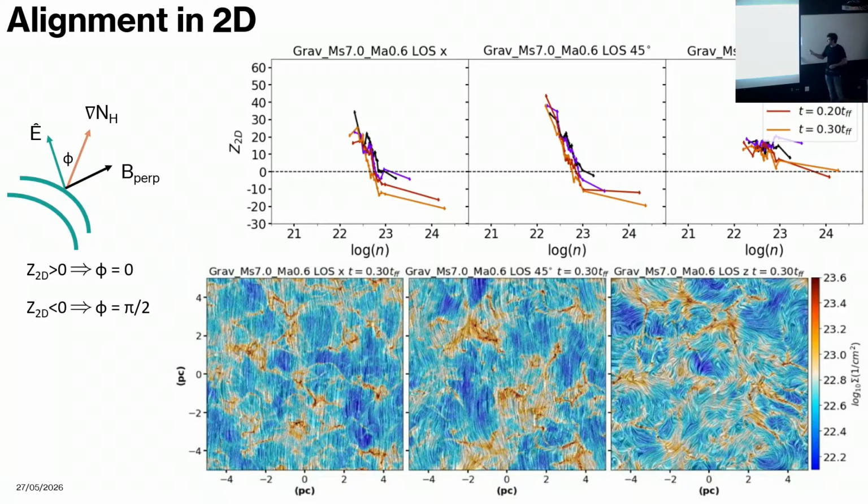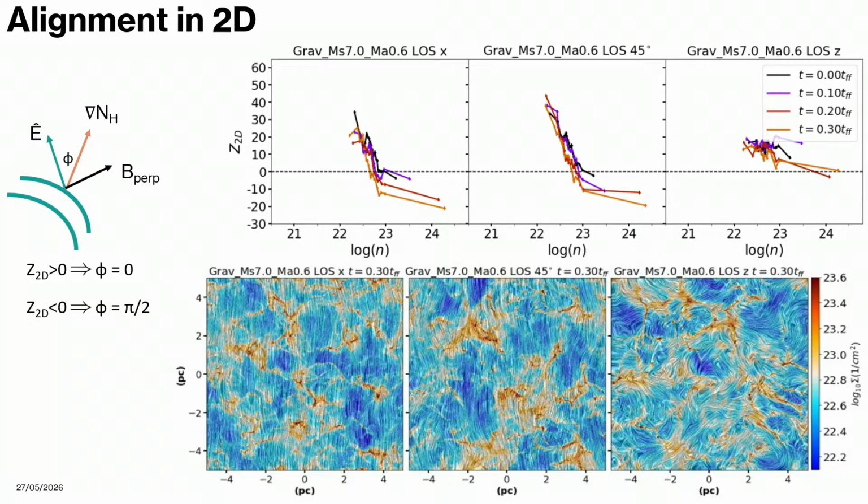And if we look then at the column density maps, and you do the PRS estimation, remember, from positive to negative, it goes from parallel to perpendicular. So as we go to higher column densities, we see this transition from parallel to perpendicular. But if the line of sight is parallel to the initial magnetic field, we lose this information.